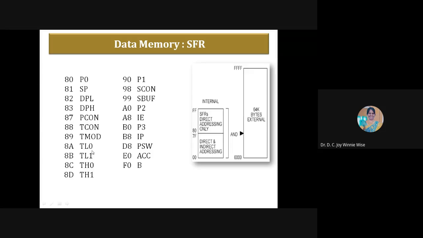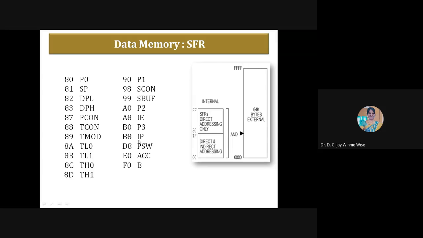8A is TL0, 8B is TL1, 8C is TH0, 8D is TH1, and in memory location 90 we have P1, 98 is serial control, 99 is serial buffer, port 2 is available in A0, the interrupt enable register in A8, and port 3 in B0.